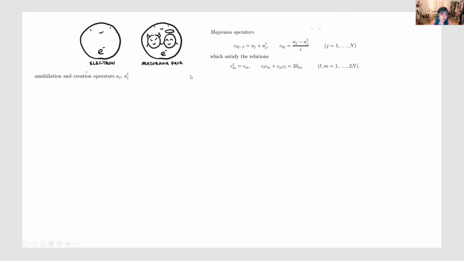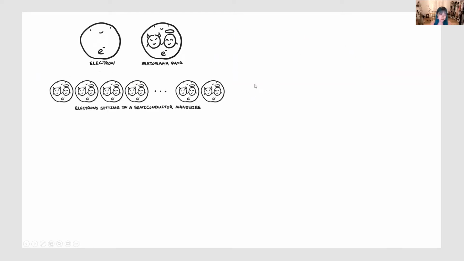And in this way, this is kind of a thought experiment. I'm just using a little bit of math to show you that you can mathematically write down all of the following steps. If you can represent your electron with this Majorana pair, then there's no reason you can't put a row of them together. And you can also mathematically write how this row of electrons will look. Each of them will have a pair, and they're kind of on their own.